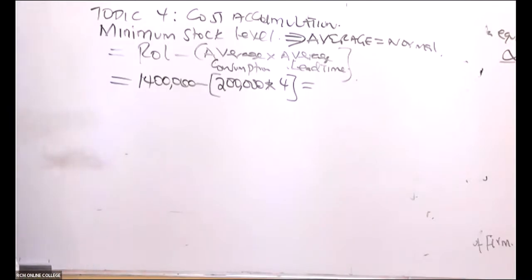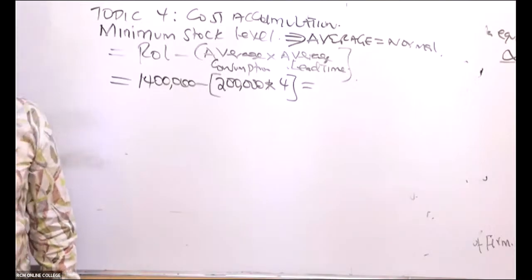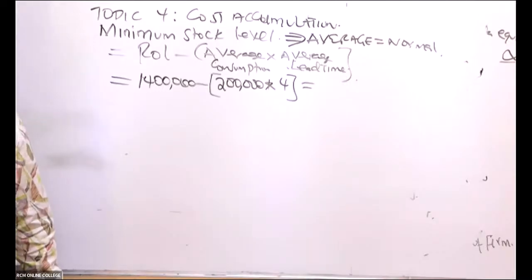Page 14. In the table given, you see they have given us monthly demand, January 160, February 180.